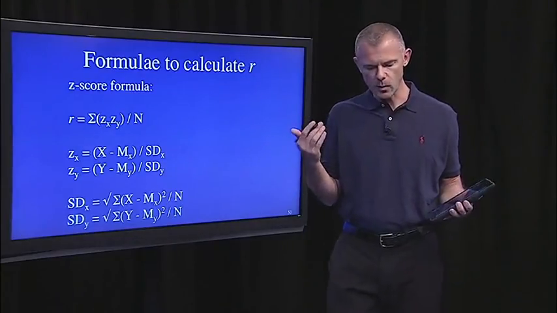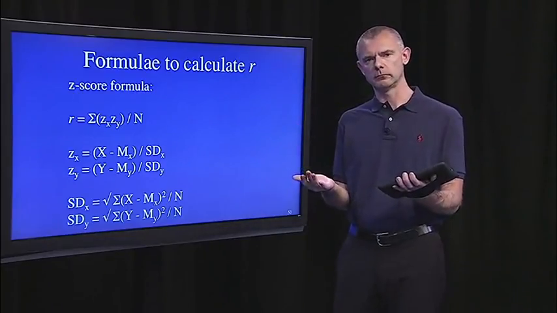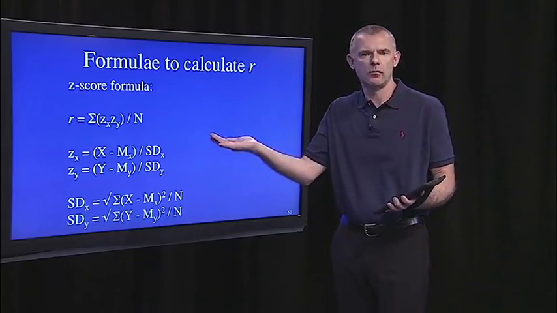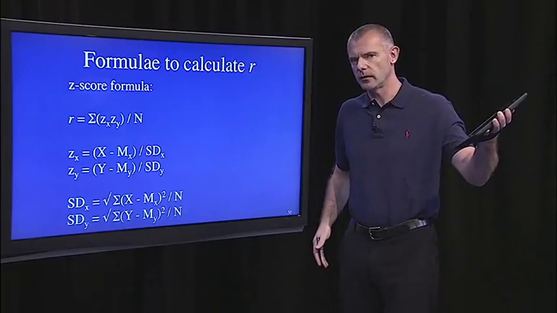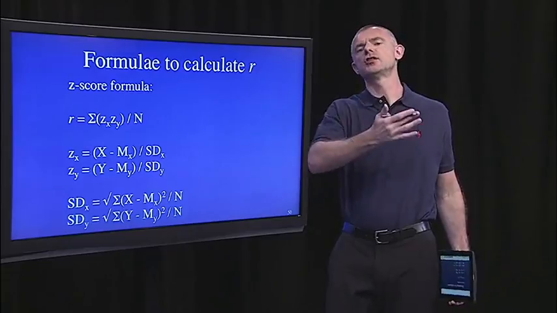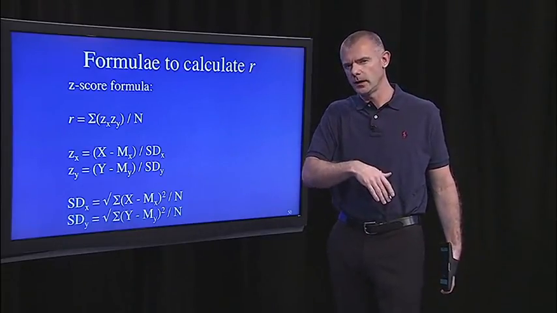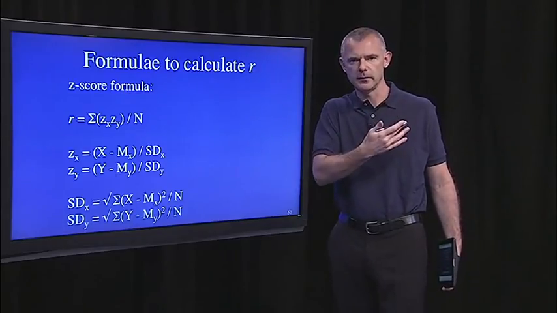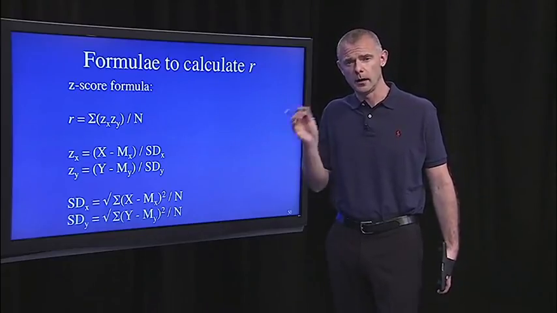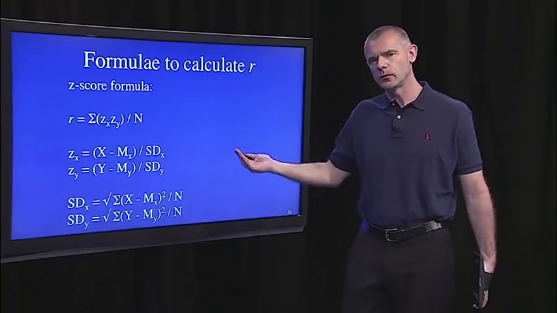If you think about this for a moment, what do you need for a strong positive correlation? You need, if somebody's above average on one measure, they should be above average on the other measure, right? What that means is if their deviation score, how far they differ from the middle of the distribution, is positive on x, their deviation score will probably be positive on y. A positive times a positive contributes more to the sum. Same with z-scores, right?